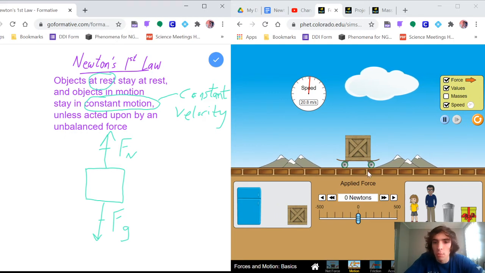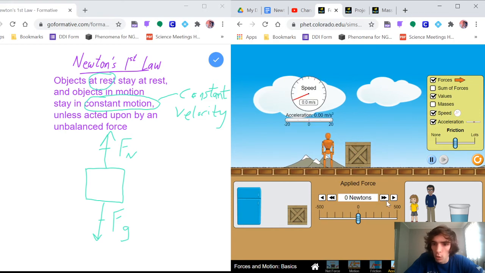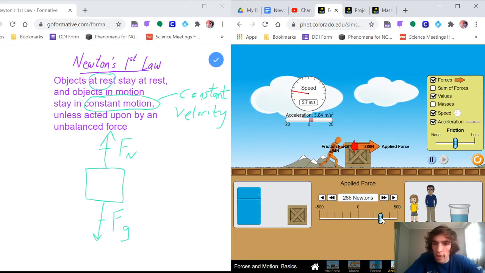So if we have an object, even with horizontal forces acting on it, so if I exert some force on this object, let's get our values of everything going here. So we have a 94 Newton force acting here.